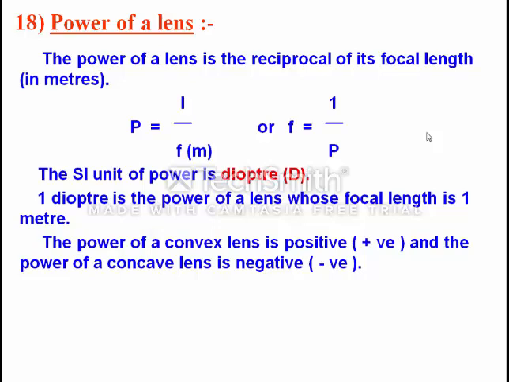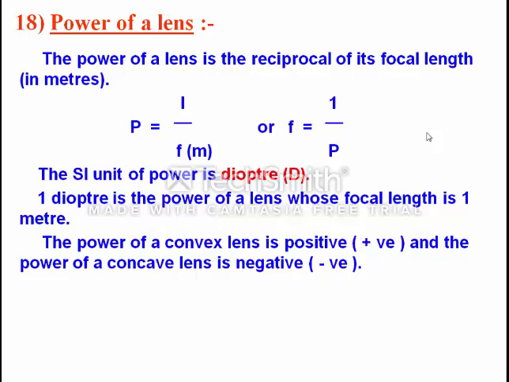About the use of power for the convex lens and the concave lens, we will study in our next chapter also, human eye and colorful world, in which we will see the defects of vision, as I have already explained in your 8th class.